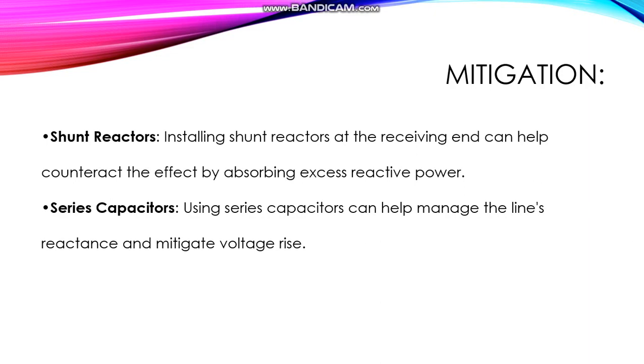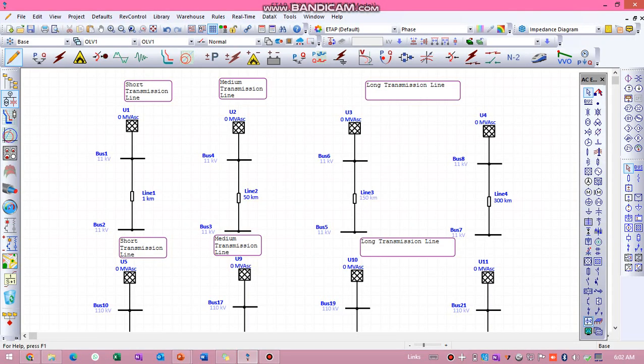Today we are going to discuss how the Ferranti effect can be demonstrated with the help of software called ETAP. I have discussed three different transmission lines: short, medium and long, classified based upon the distance. The first network shown is a short transmission line.